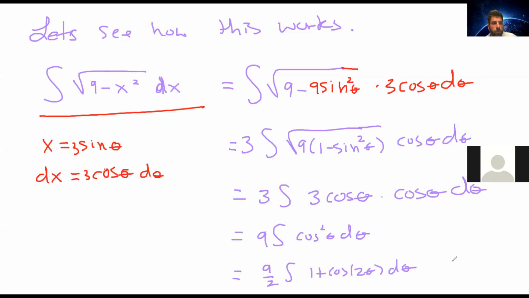The other question you might have is, when I took the square root of cosine squared, why is it just cosine? Couldn't it be negative? Yeah, that's a technicality, but it's not going to affect us in the problems that we're doing.